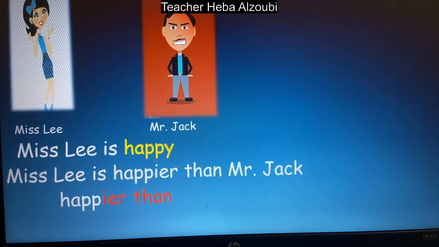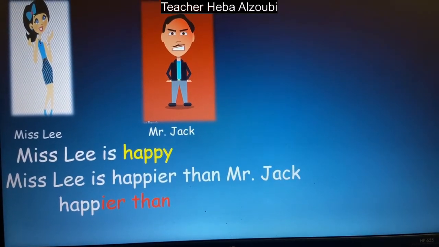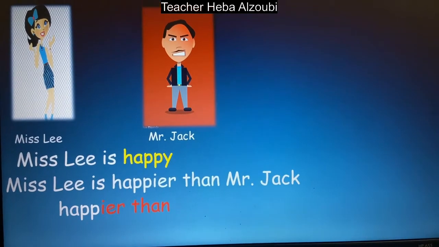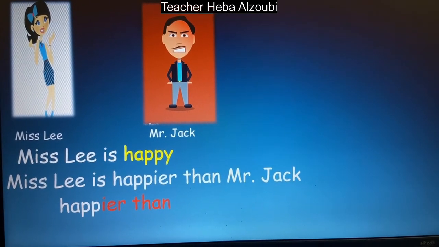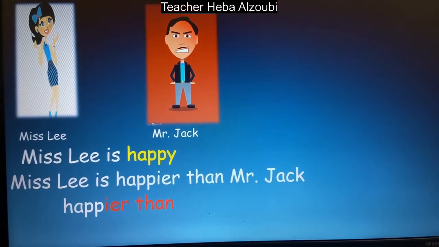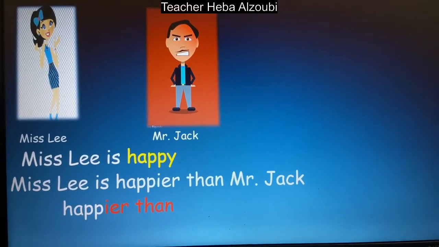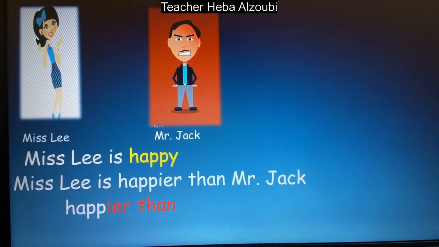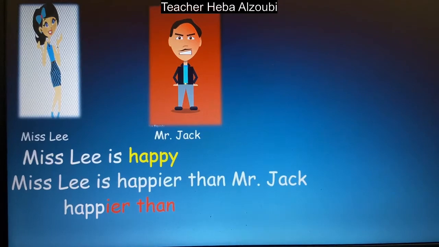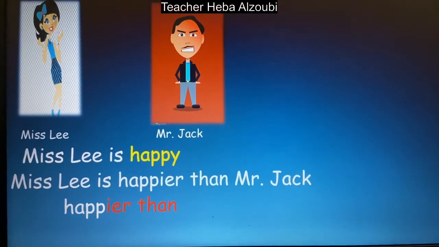If you noticed, we replaced the letter Y with the letter I. Then we added ER and than. When the adjective ends with the letter Y, we change it into I. Then we add ER. So happy, happier than.